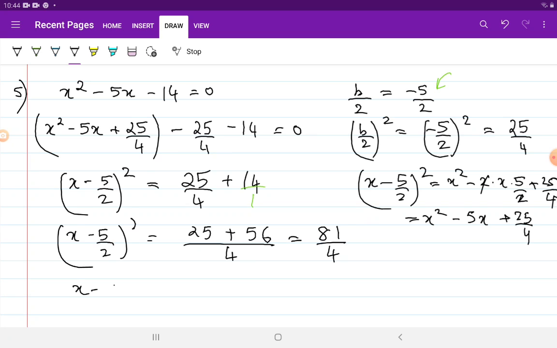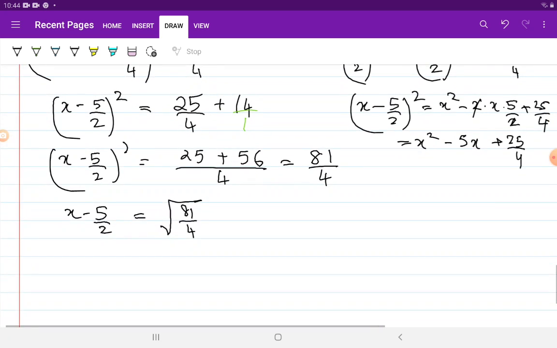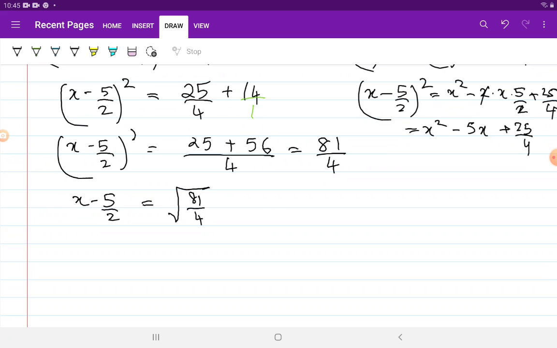So x minus 5 by 2 will be root under 81 by 4, which means plus or minus 9 by 2.